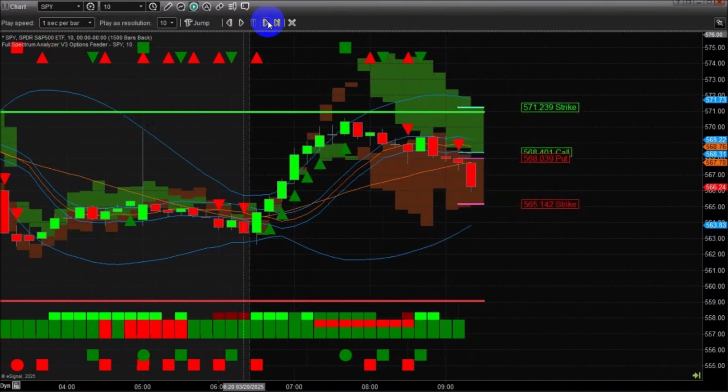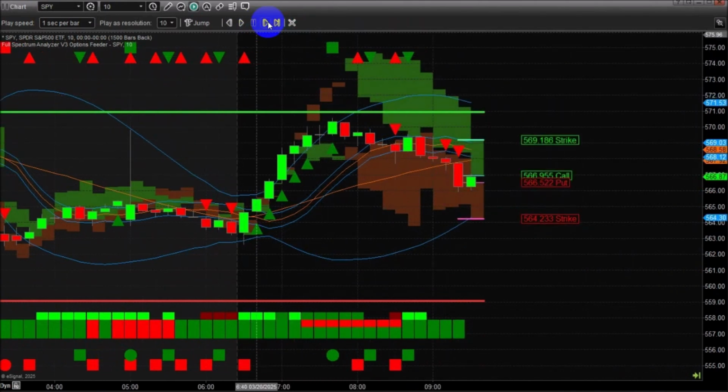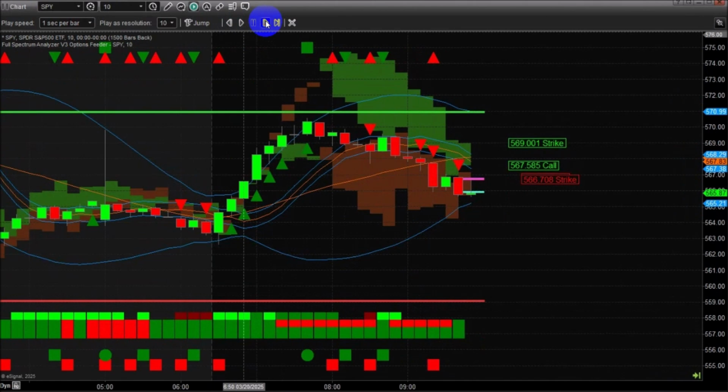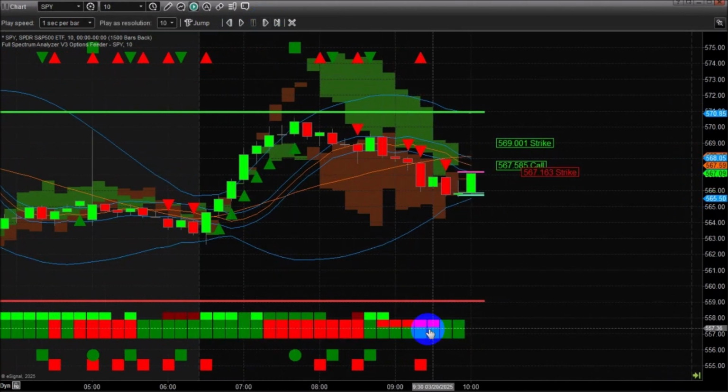Sideways, sideways, slightly bearish. And again, below the put, so you can play it. And predicting it's going to go up is what it's saying right now. So it's still moving up.